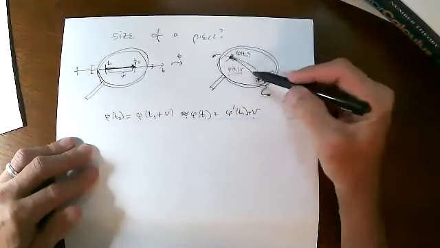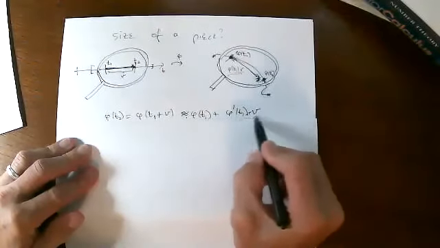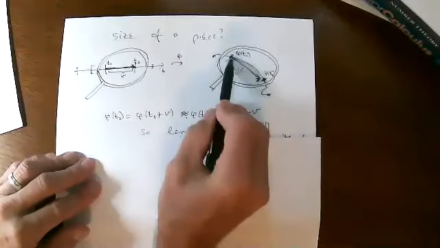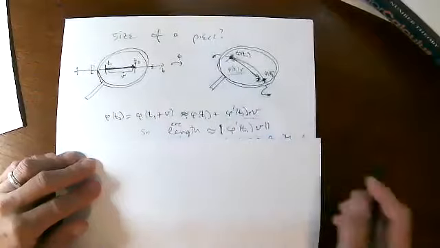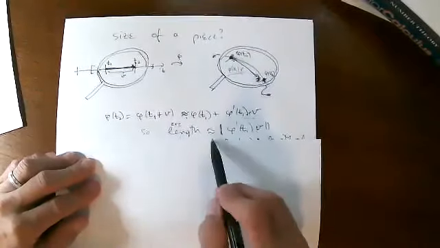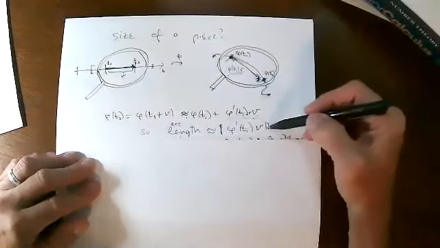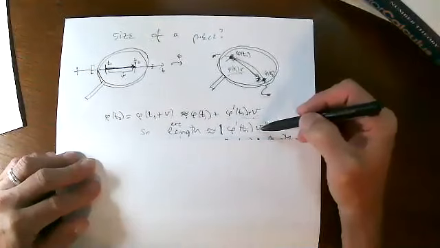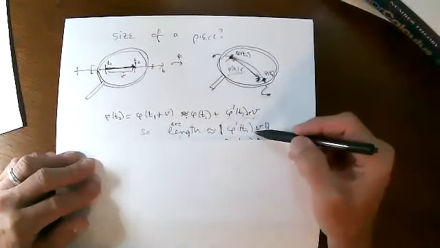And that'll be the length of the vector that joins those two, which is this vector right here. Okay, so my formula for the length of this arc, I should say the little arc length, the formula for that little piece of arc length is approximately the length of this vector. This is the vector that you get by multiplying the vector on the input side by the first derivative matrix.